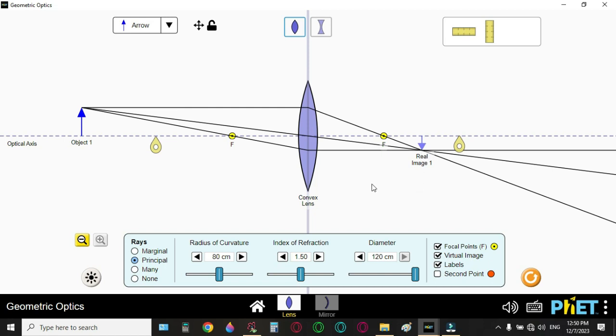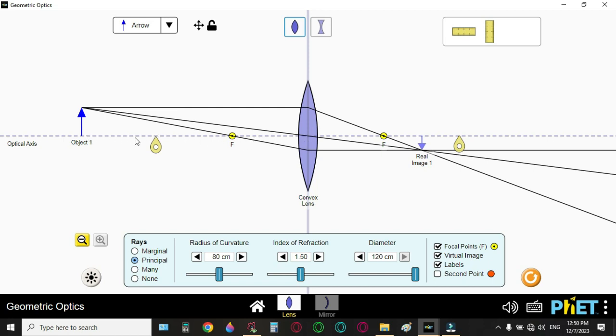Okay, so what are the characteristics of the image formed when the object is beyond the center of curvature? So under lenses, the object is right here. The image formed by this lens is inverted. Okay, again, that's inverted, real, and as you can see, it is smaller than the object. So if you study the principal rays, this first ray here is parallel with the optical axis or the principal axis.